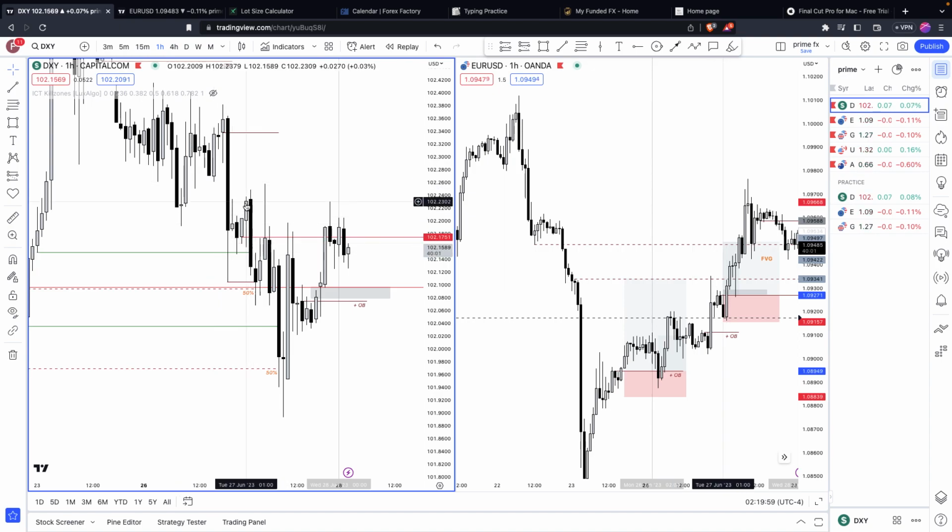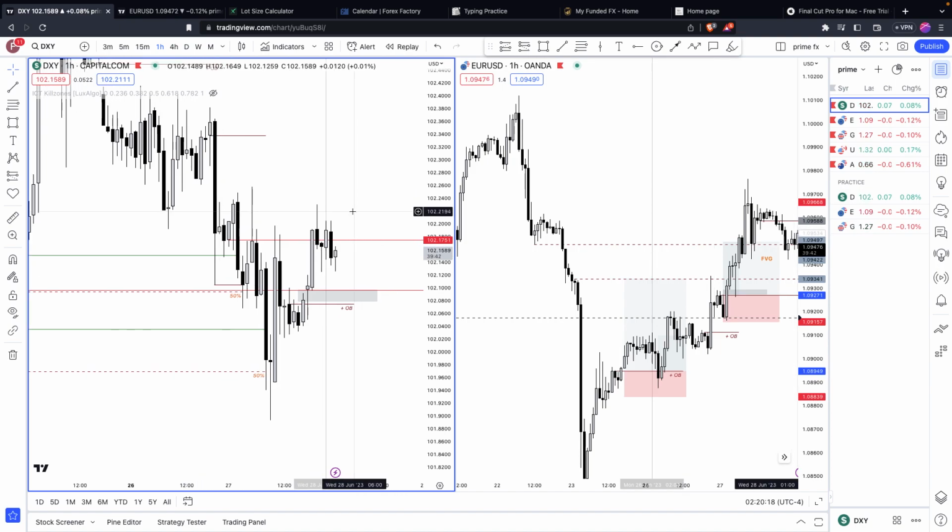So this was the area I was anticipating price to reject. I was thinking, okay, this might be a place that price might reject, or it could go through to this area. And then what happened was I wasn't going to take the trade, but I had an idea. This is supposed to be like a B plus setup for me. If I'm not too sure, I'm not going to risk too high.